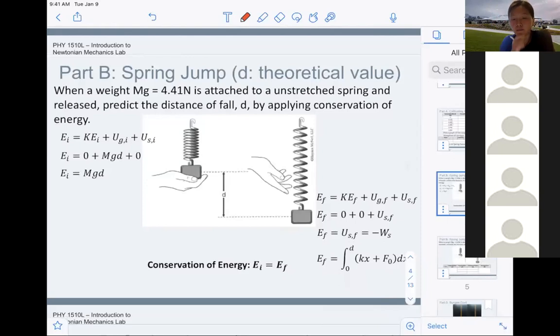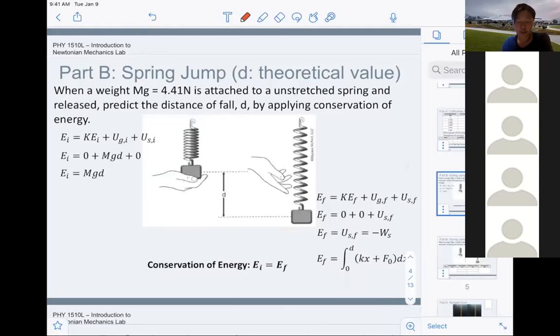So you want to know exactly where the lowest point is. If you know where the lowest point is, you can make sure that you use a correct spring, correct k, and choose a proper height for that jump. Make sure that that lowest point is still well above the ground or whatever surface is below. So it is important to be able to calculate this distance D correctly.